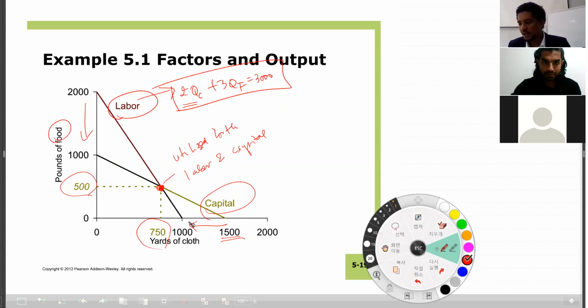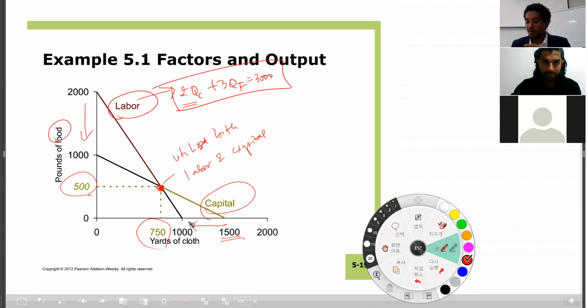Okay, that's clear, because you have two products, food and clothes, and we are trying to draw the production possibility frontier for both the products. So when you produce more of clothes, you produce less of the other, and vice versa, right? So when you produce more of food, you produce less of clothes.